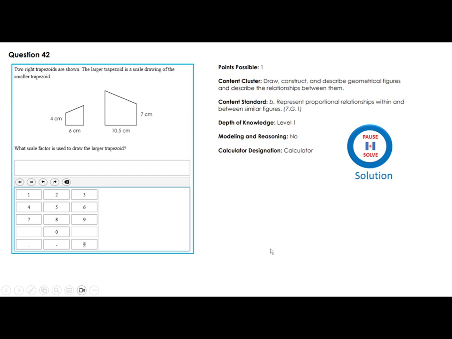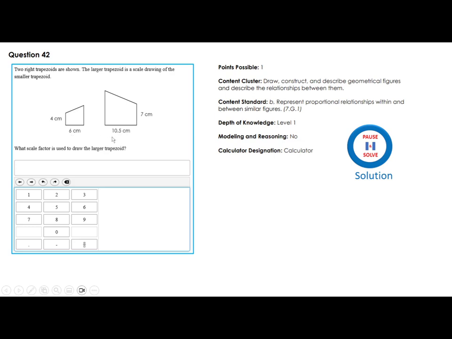Two right trapezoids are shown. The larger trapezoid is a scale drawing of the smaller trapezoid. What scale factor is used to draw the larger trapezoid? So this will be 7 divided by 4 or 10.5 divided by 6.